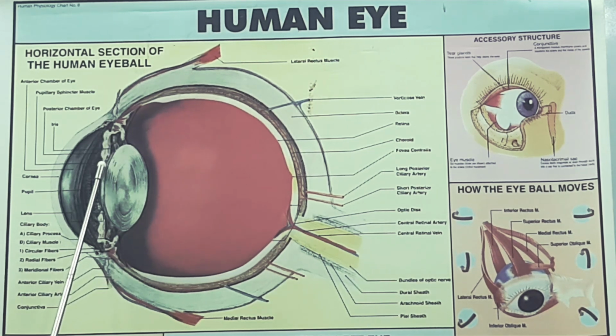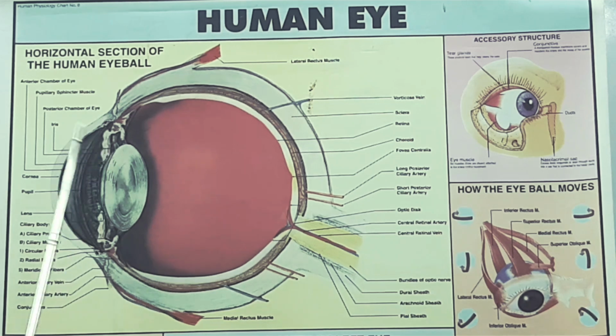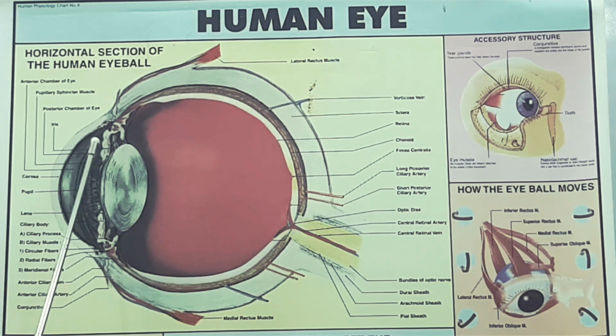Now here it is the iris. The iris is the extended part of the ciliary muscle and it regulates entry of light towards the lens, and also provides color to the eye. Actually the color of the eye depends on the color of the iris. It may be brown, light brown or dark brown, and also blue. Blue is a recessive trait, it is rare.